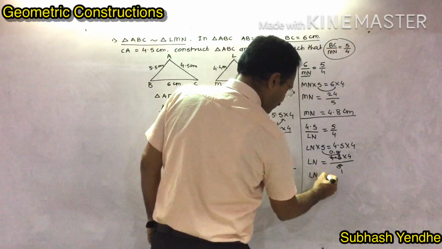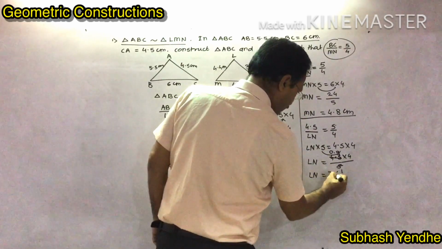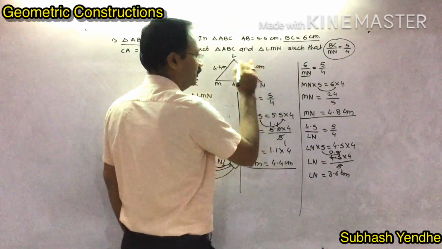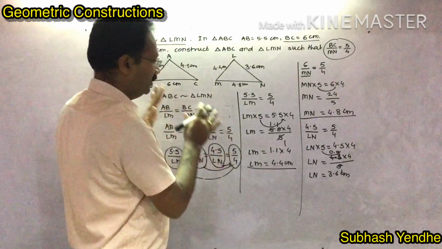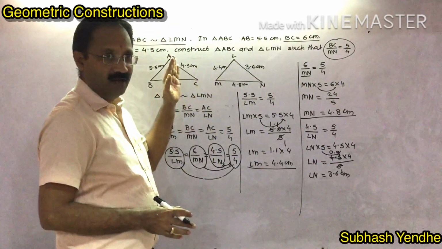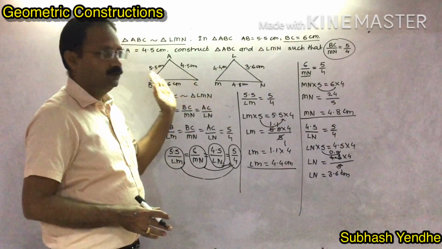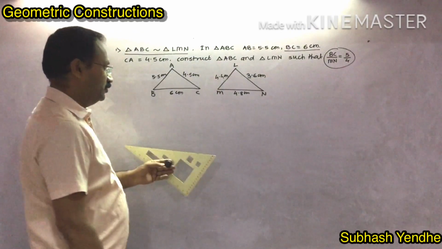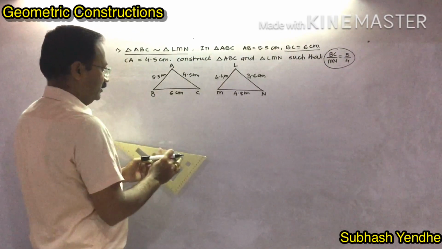So LN's value equals 3.6 centimeters. Here I have written 3.6 centimeter. Now I have got all the values, so I can draw both the triangles. Let's draw these two triangles.